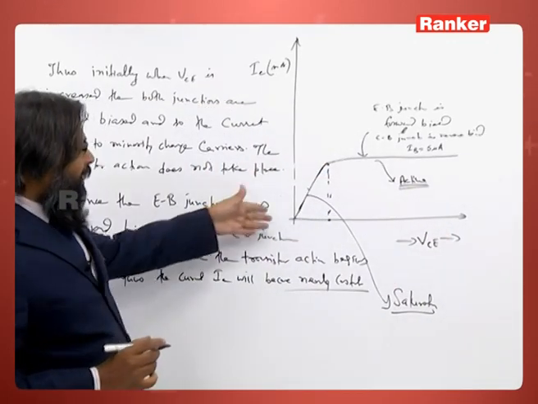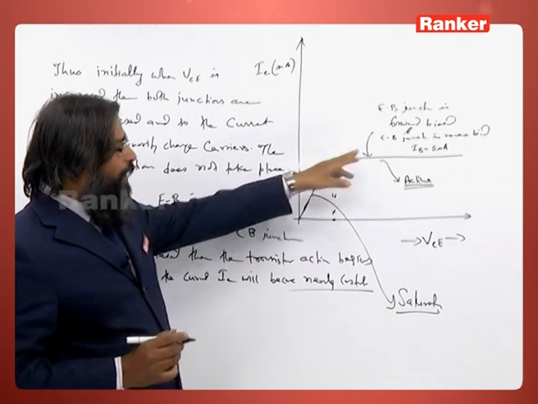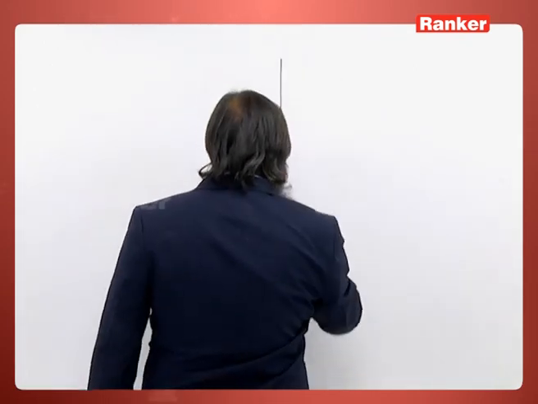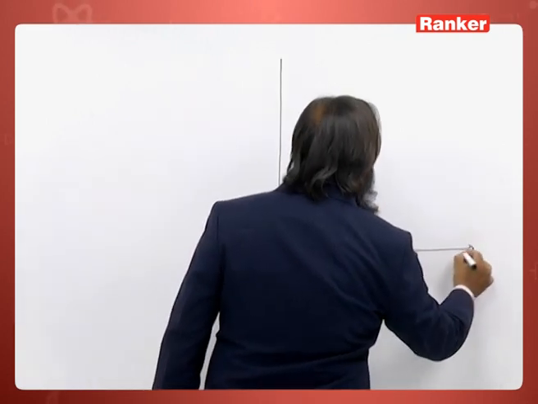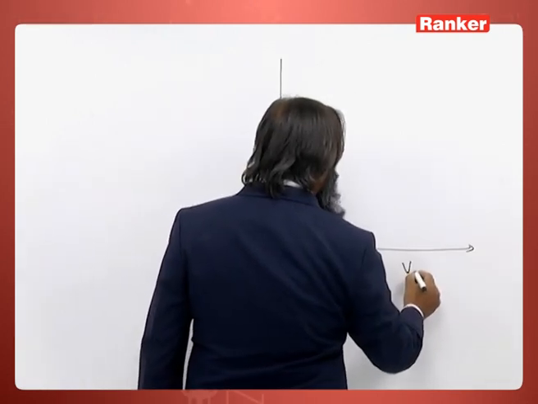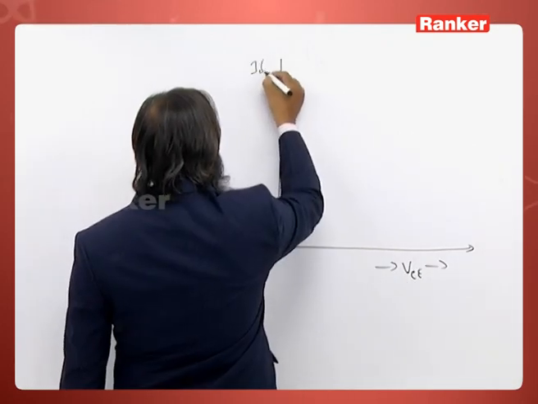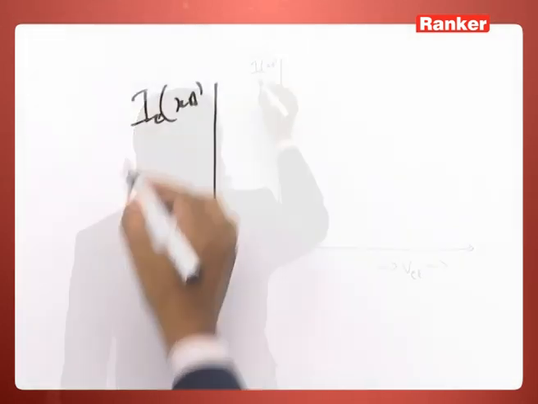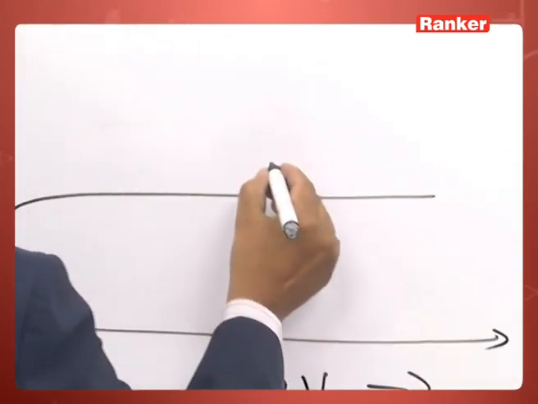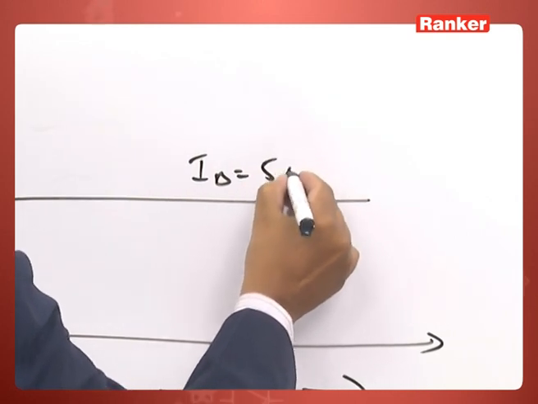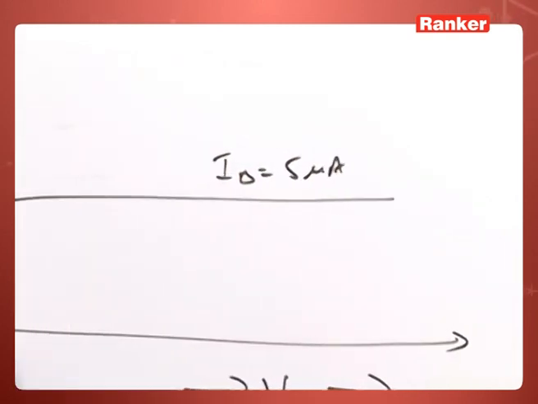Now, let us see the same graph for different values of IB. Let us draw the family of curves for this. This is the collector emitter voltage VCE, this is your IC in milliamps, and here this is IB equal to, suppose, 5 microamperes.